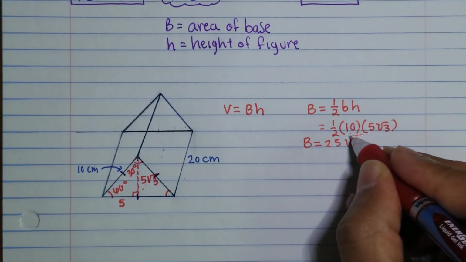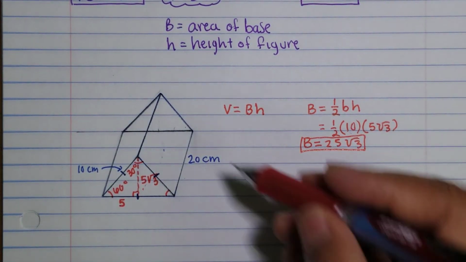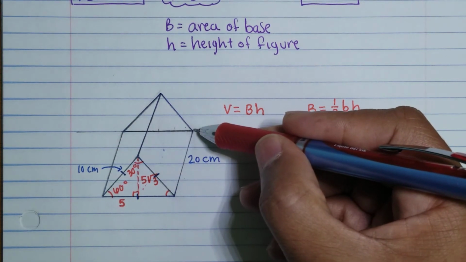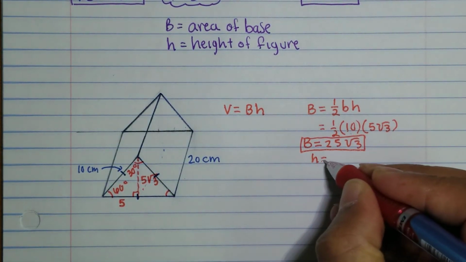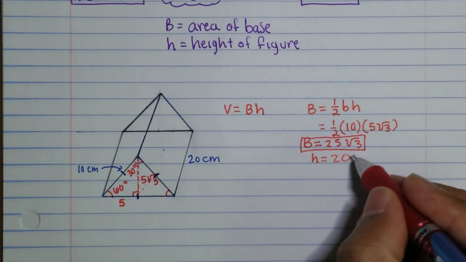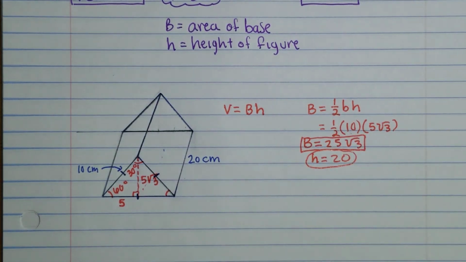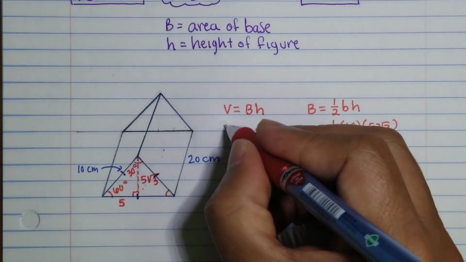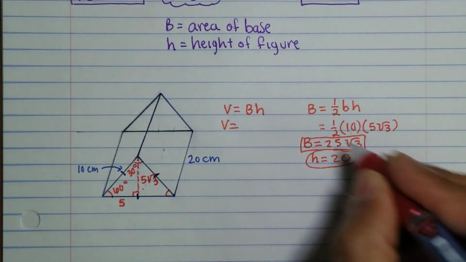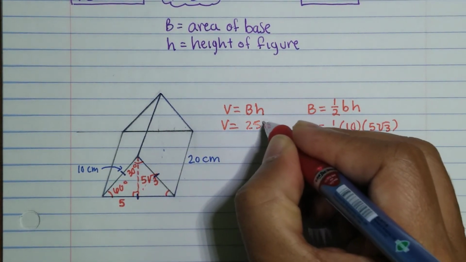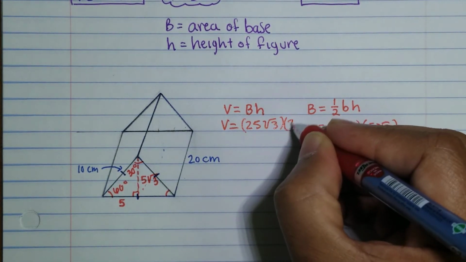So we have the base now. The height of this prism is 20 centimeters, which is already given to us. I'm going to list it again so that we can substitute these values into the formula. B is 25 square root of 3, and H is 20.